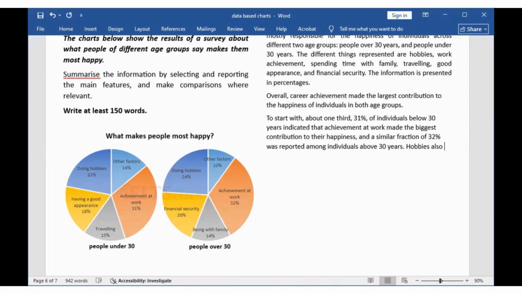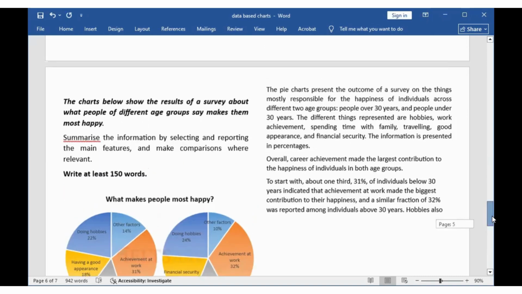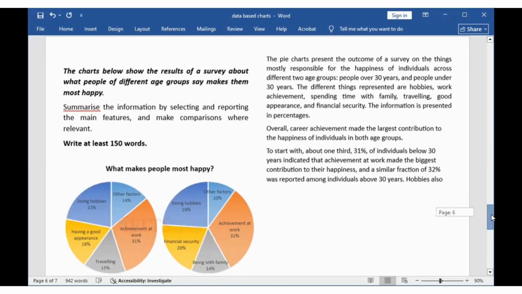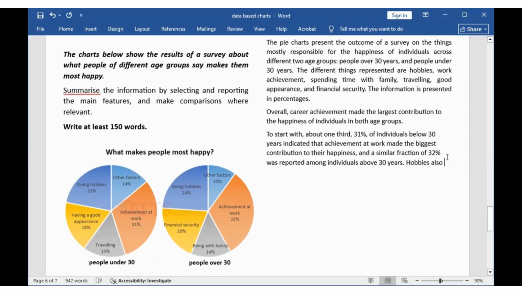I think I should use present simple tense because there is no date on this chart. So let me look at my chart. I'm looking at everything I've written so far. The pie chart represents the outcome of a survey. So I'm guessing that the survey was done in the past. So using the word made, I think I'm still in line.